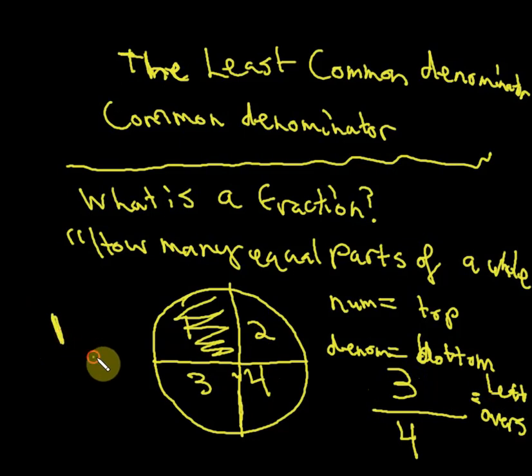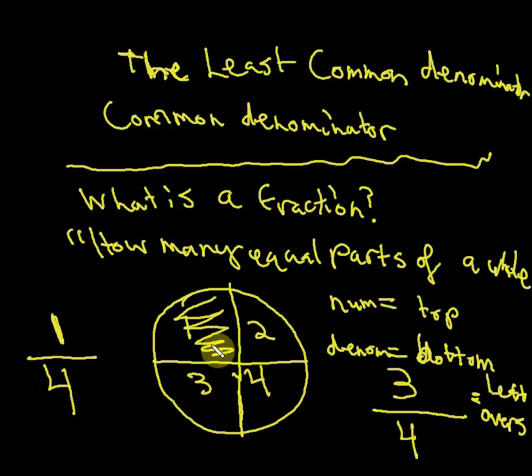How many slices did I take out of how many available slices? 4, right? Because we have 4 equal parts. So you can see how I use fractions in 2 different ways. I use it to say how many slices I took, and then I also said how many slices are left over.